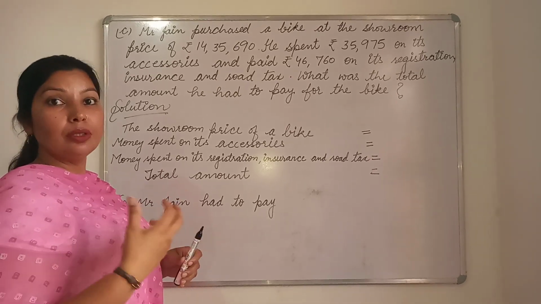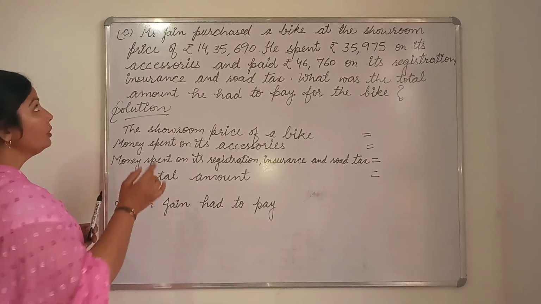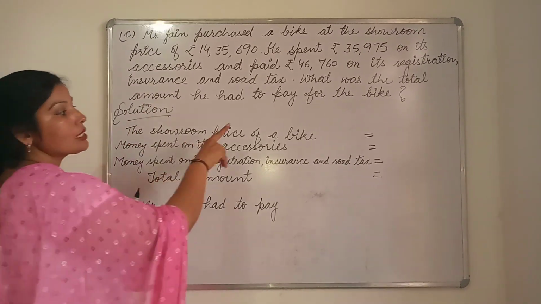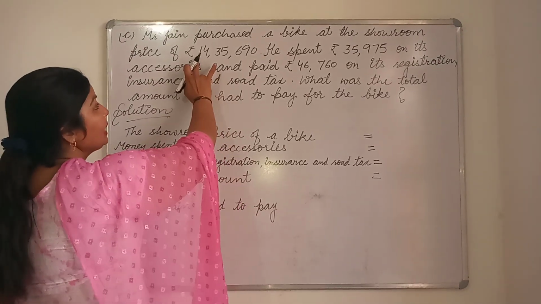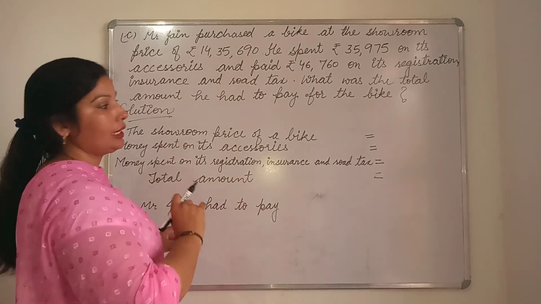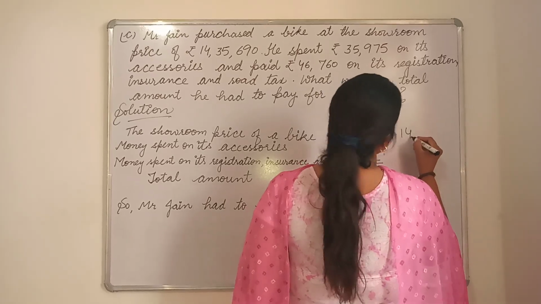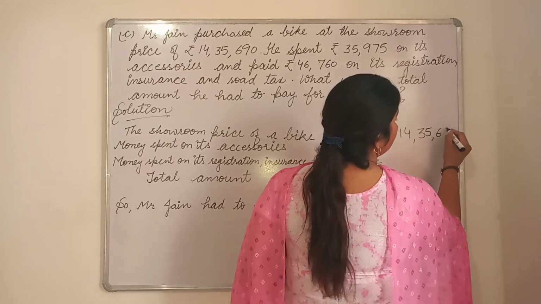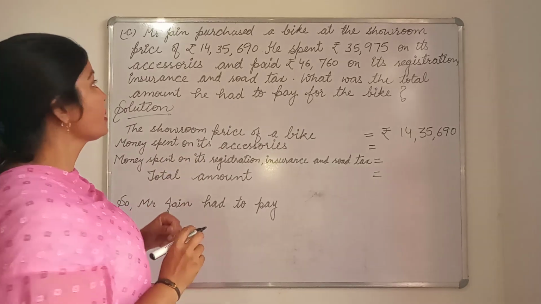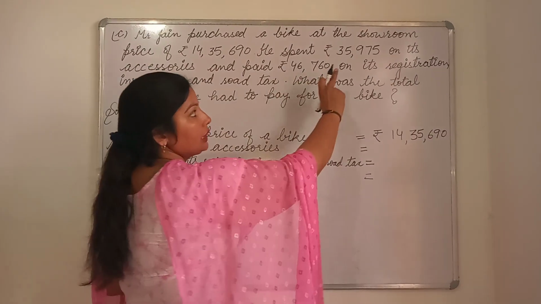So for that we will do plus. Okay. So we should solve with the sentence. First sentence is what here? First sentence, the showroom price of a bike. Okay. So what is the given showroom price? 14,35,690. So we write here rupees 14,35,690. Okay. Next is money spent on its accessories. So how much money is spent on accessories? 35,975.